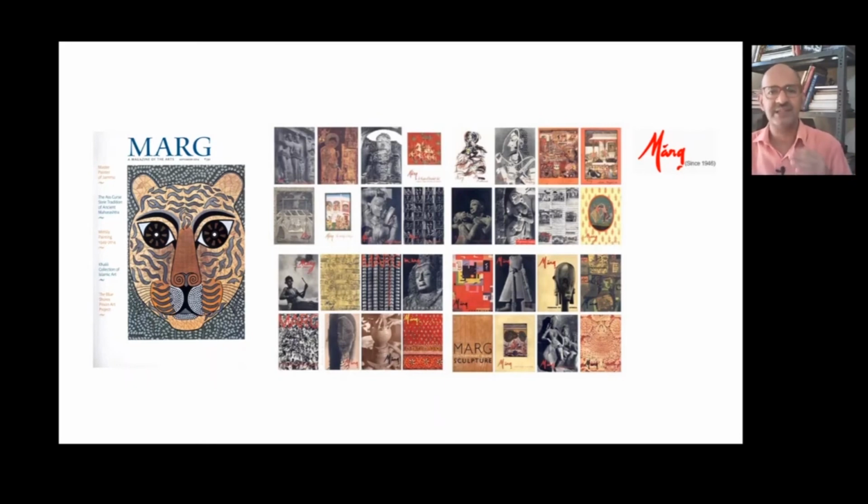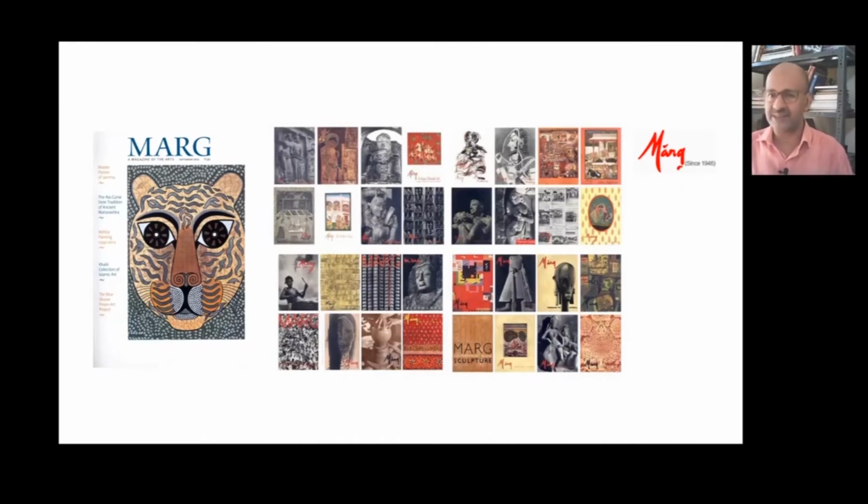Marg magazines are slightly more expensive than Lalit Kala publications, yet the presence of these magazines and journals in the art field made a difference, because artworks became known not only to common people, but now we need professional buyers, now we need professional collectors.